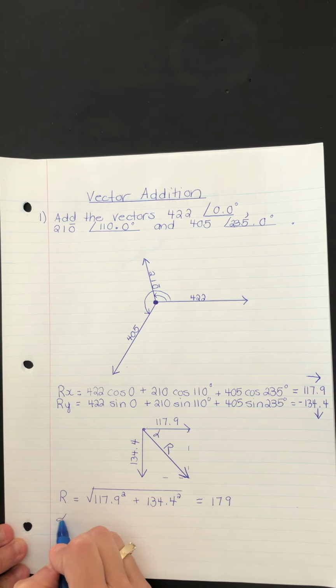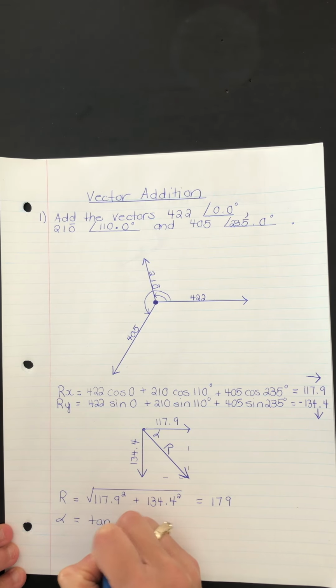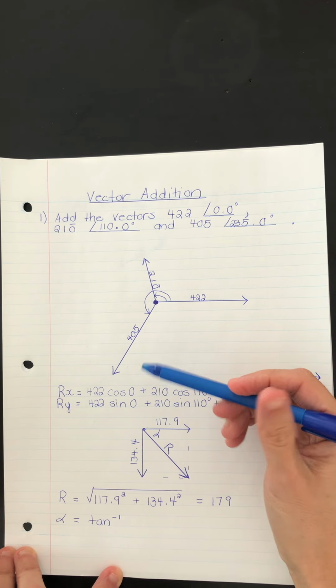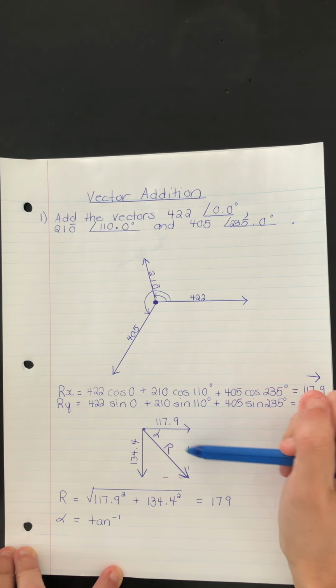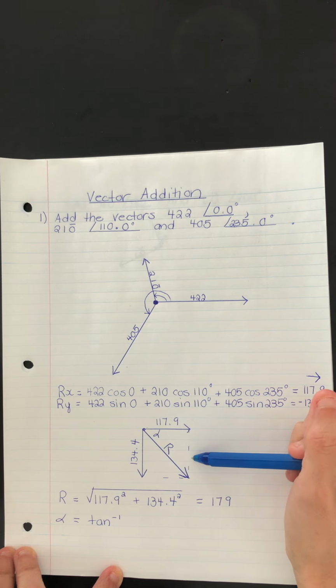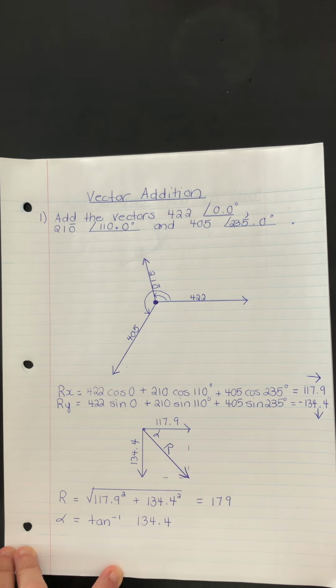Now what about working out alpha? You can always use tangent inverse or arctangent, as it says on the formula page. That means the same thing. So arctangent of what? You want to make sure you put opposite over adjacent. So opposite is always going to be the vertical one, so always the Ry value and the Rx value.